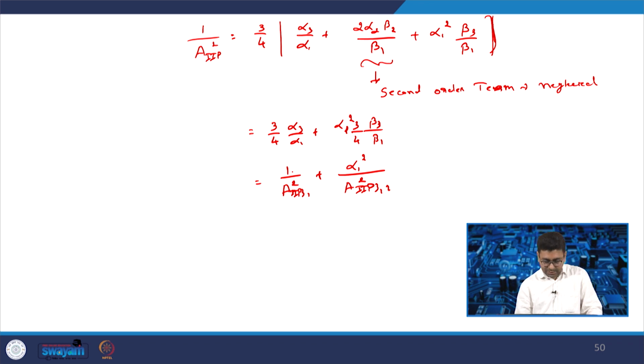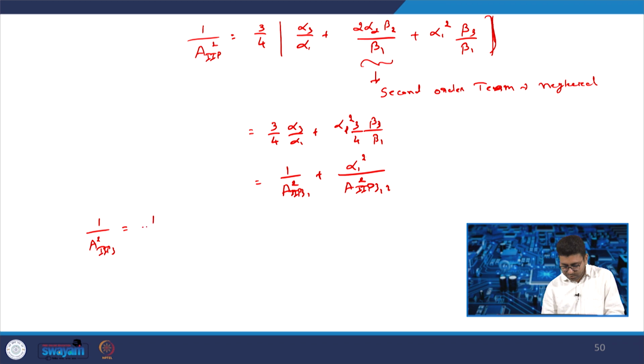So, the second order you can get, this is due to the first order and this is due to the second order, and the gain is multiplied. So, the first order gain is multiplied. So, if you expand this term, you can write it in terms of a square IIP3.